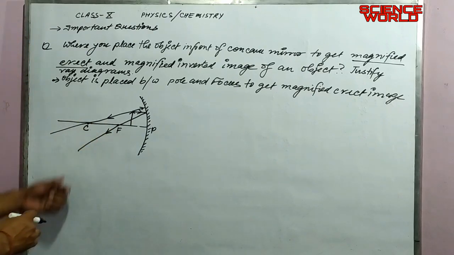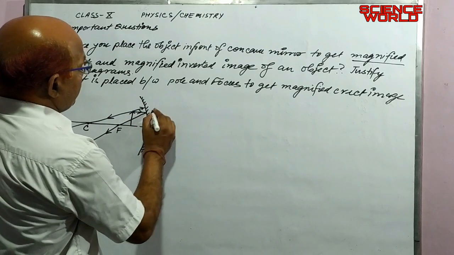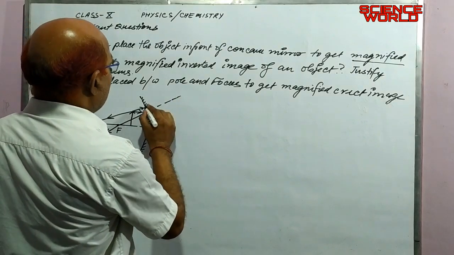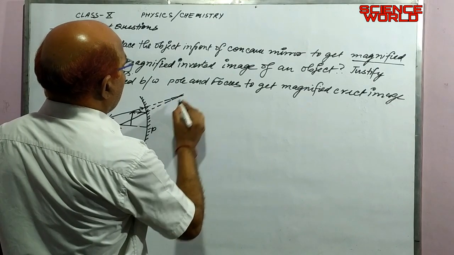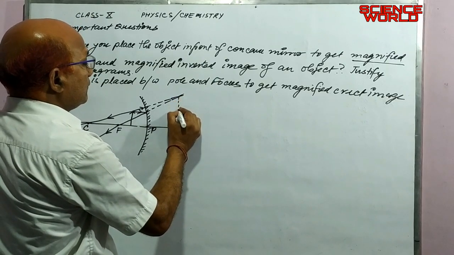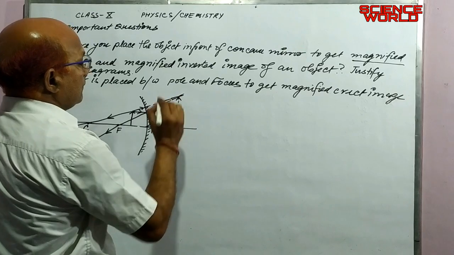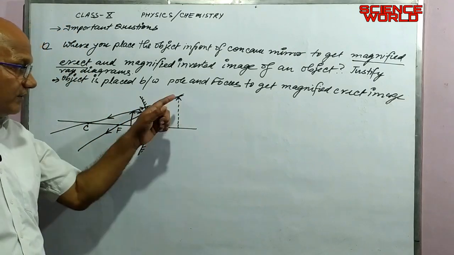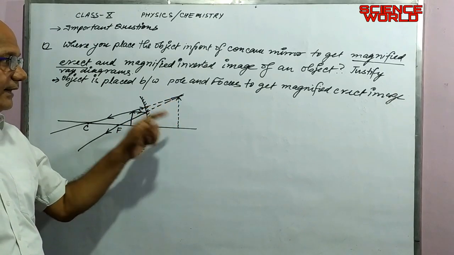These two rays do not meet in forward direction, so we proceed them in backward direction like this. So this is the image, which is, you can see, magnified and also erect.